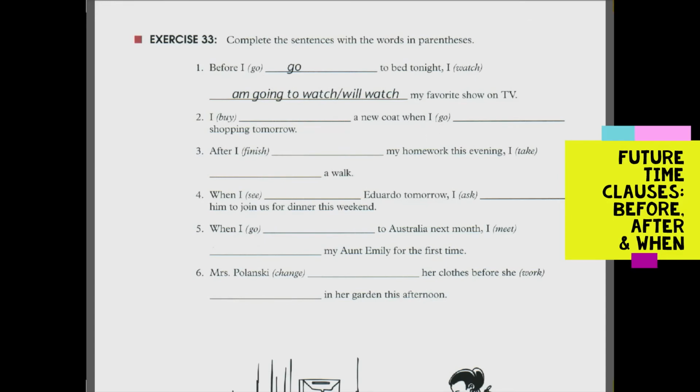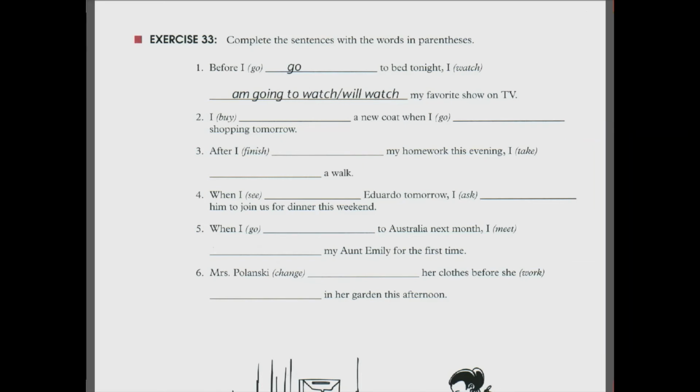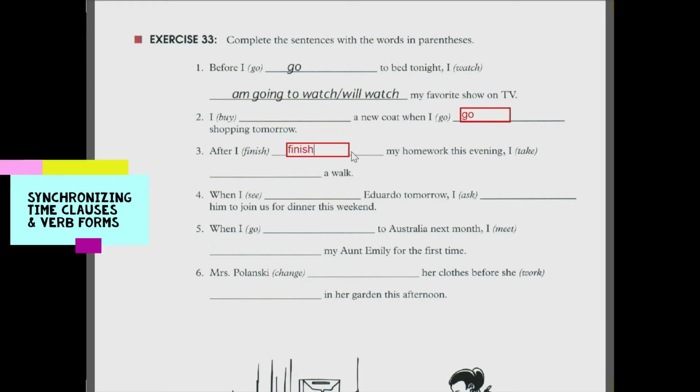Time clause. After I finish, when I see, we pay attention to the time clause verb first. When I go shopping tomorrow, time clause. After I finish, simple form of the verb. When I see.